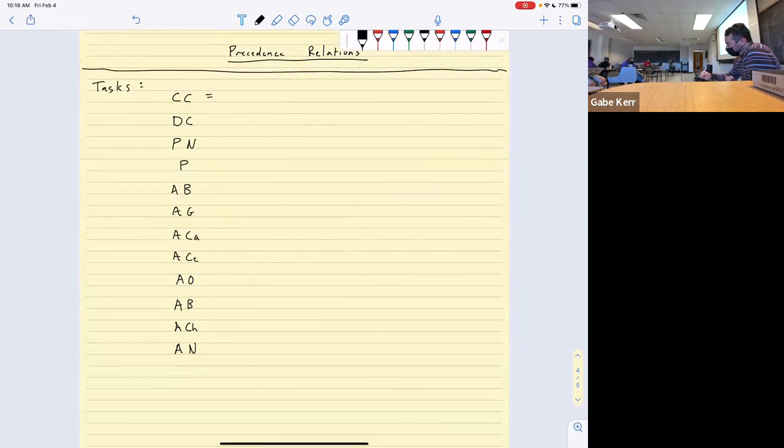So CC is cooked chicken. EC is diced chicken. PN is prep noodles. P is just prep. Prep means, of course, you want to dice garlic, carrots, onions, and celery.